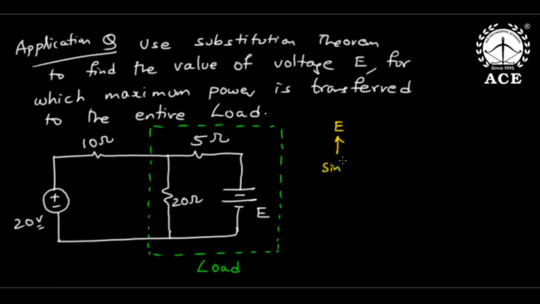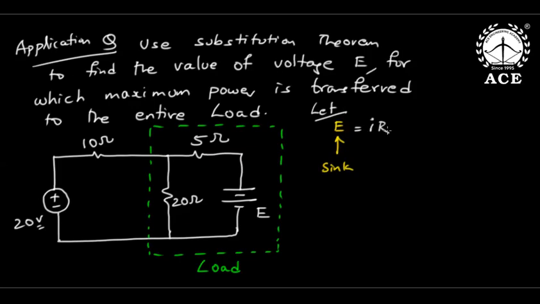E must be a sink. Then what did we say in the substitution theorem? Any passive element can be substituted in terms of voltage or current, and vice versa. Similarly, any voltage or current which is acting like a sink can also be substituted. So now I will use substitution: let E be equal to I into R.